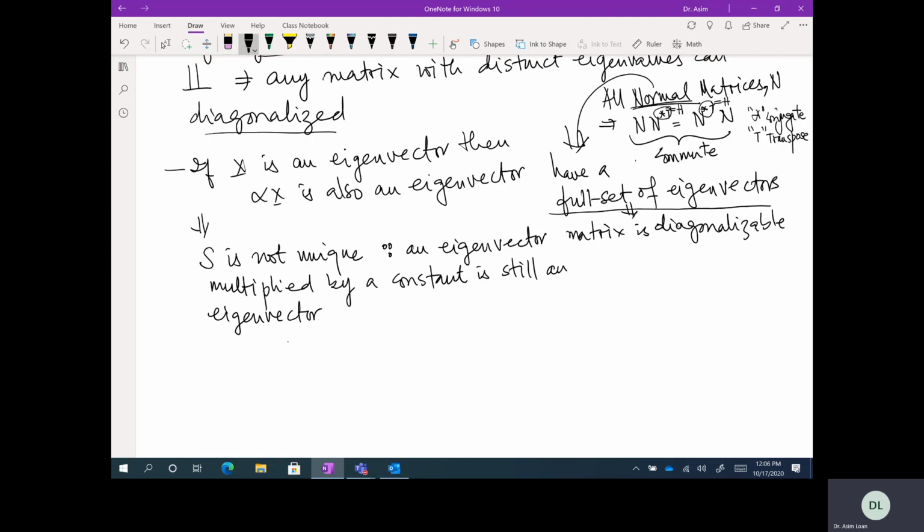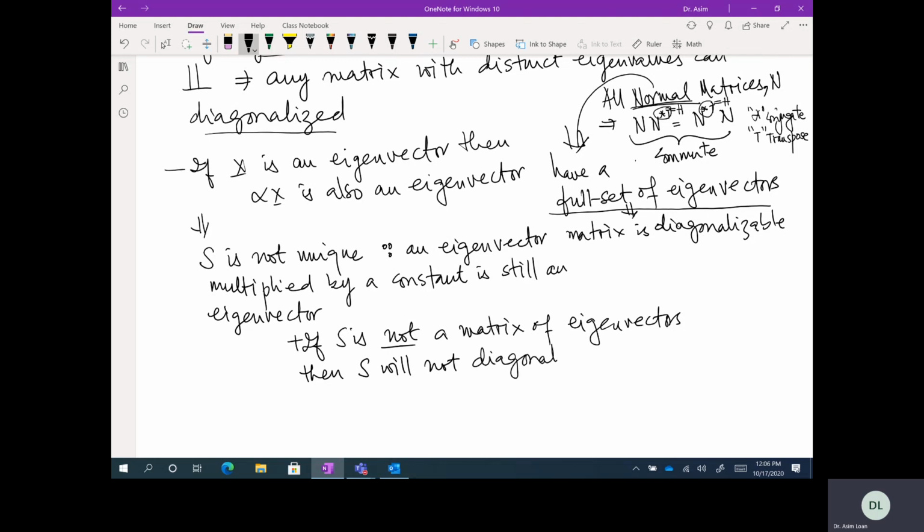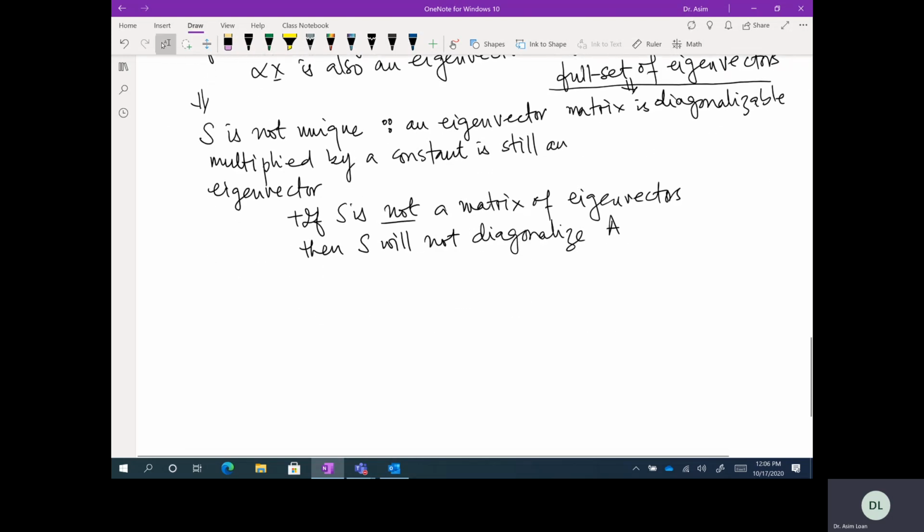And obviously, if S is not a matrix of eigenvectors, then S will not diagonalize A, because everything is derived from the eigenvalue equation.